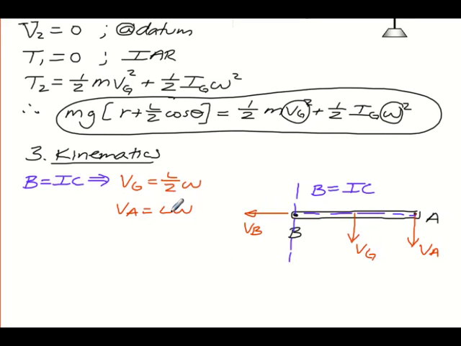So what we'll have here, let me see if I can do my substitution here. We'll see here that VA is equal to twice VG. Do I want to do that? Let me not do that. Let me just do it as is. So the VG, we'll write that out in our equation.